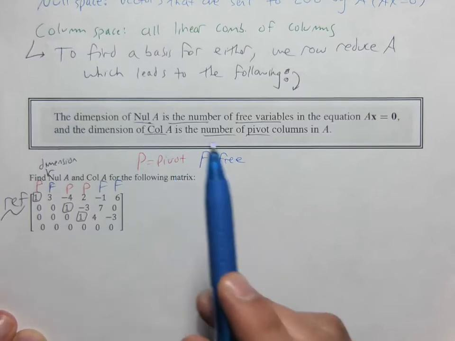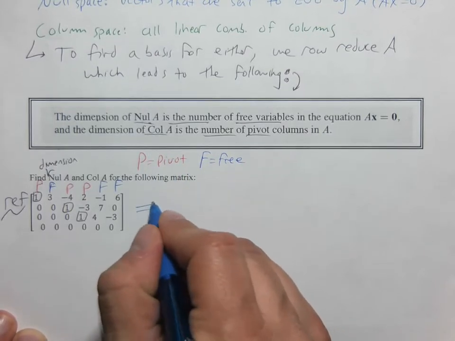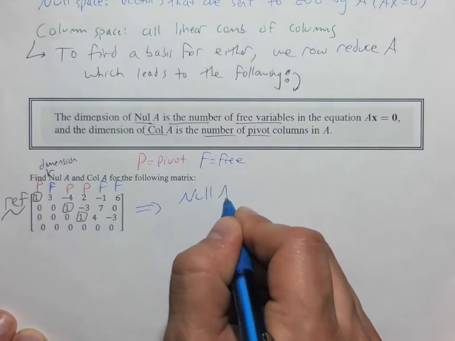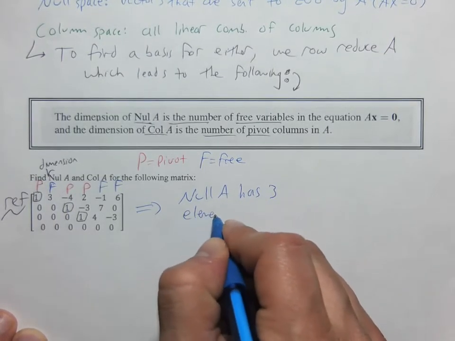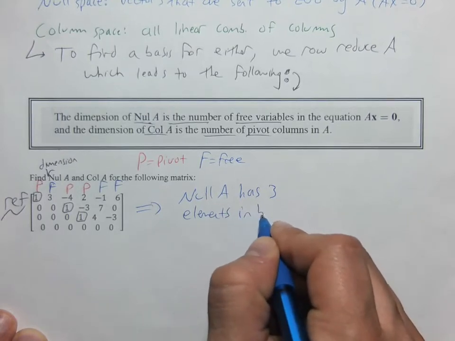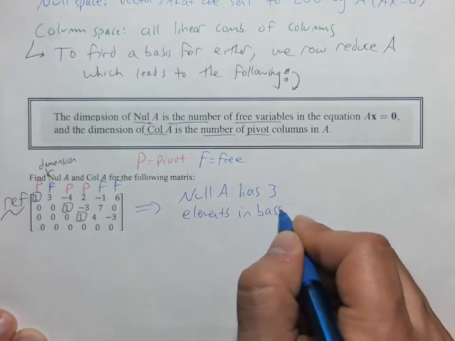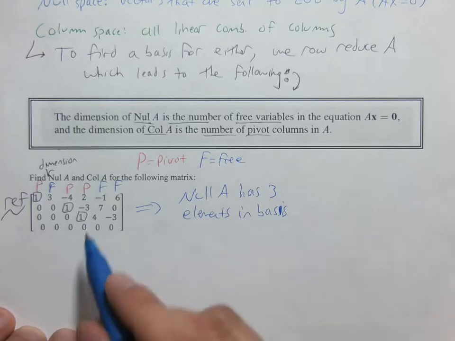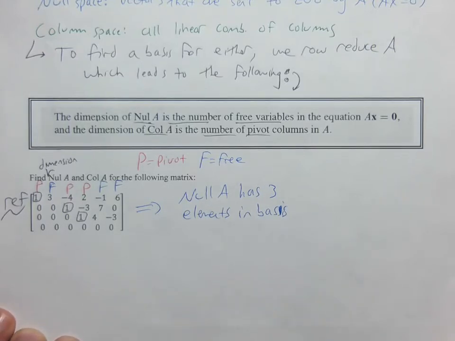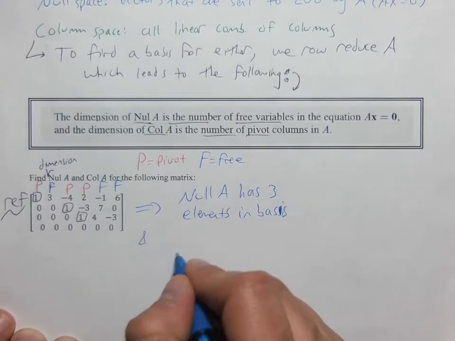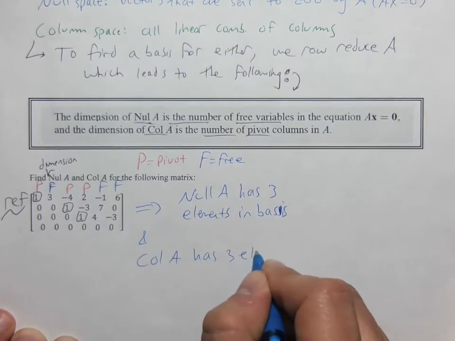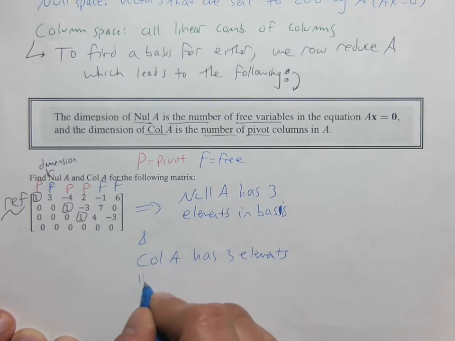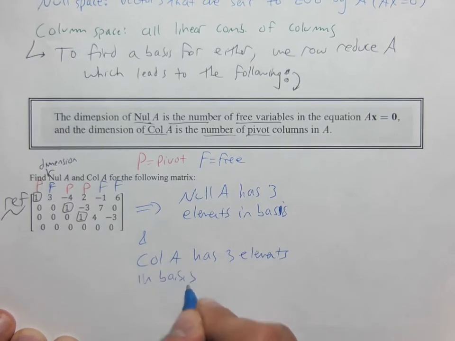And so, based on this, the null space of A has 3 elements in the basis, because there's 3 free variables. And we also see that the column space of A has 3 elements in the basis, because it has 3 pivots.